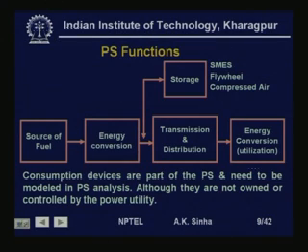So, first we have source of fuel. This is sent to an energy conversion device, from where it gets converted into electrical energy. Once it gets converted into electrical energy, it is transmitted and distributed by means of wires, that is transmission lines and distribution lines, and goes up to the energy conversion devices, which are at the consumer premises.